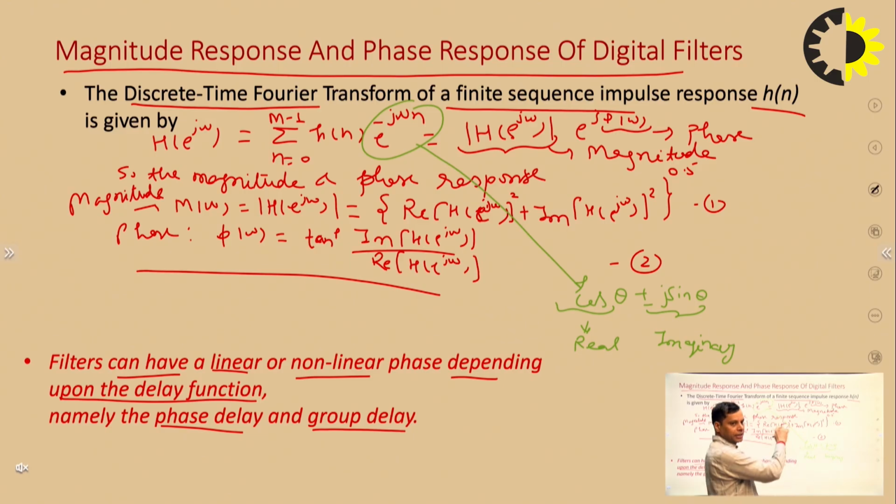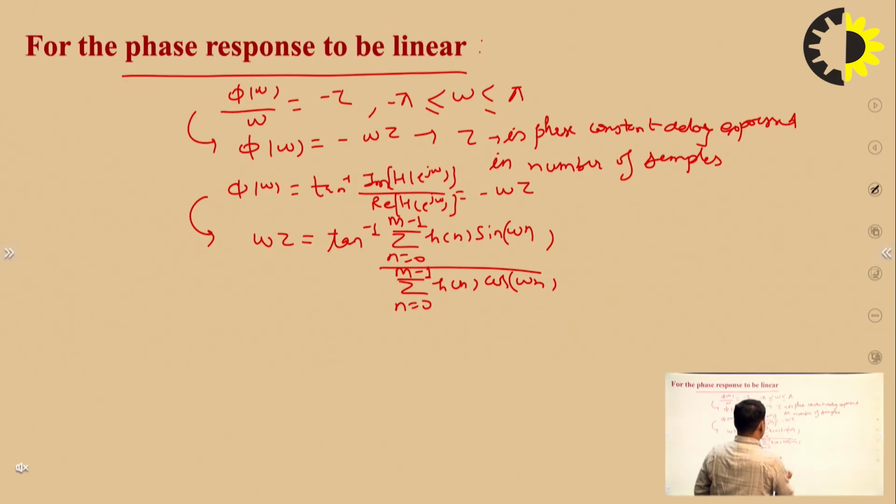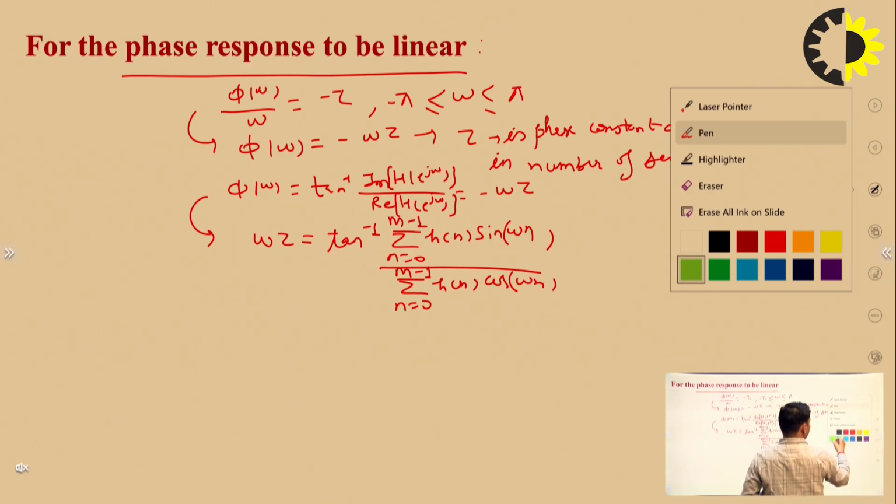The minus will cancel out with the minus in minus omega tau. So we can write h[n] sin omega n upon h[n] cos omega n.